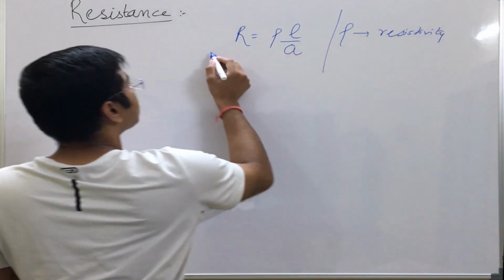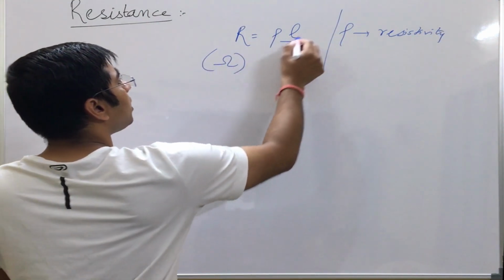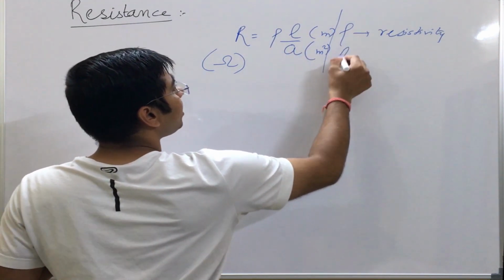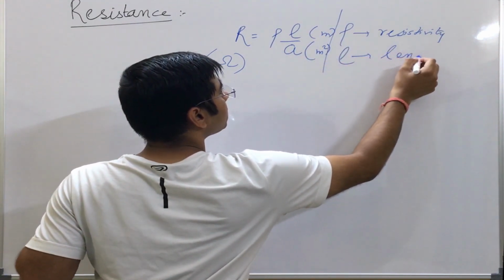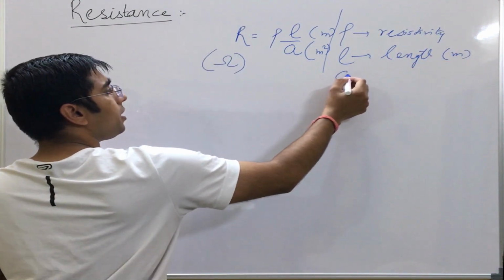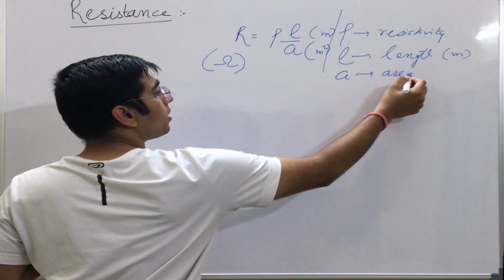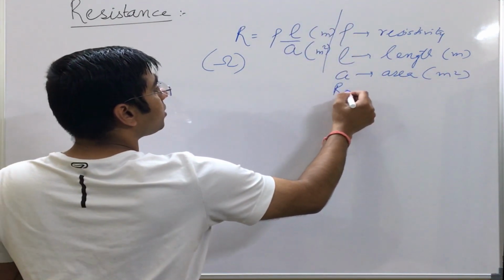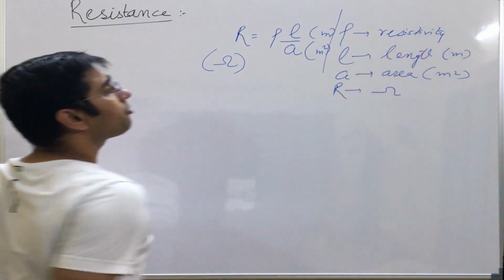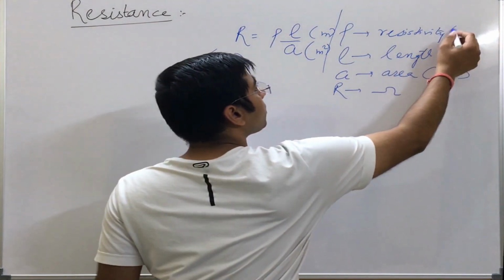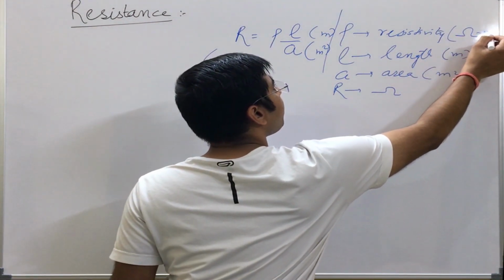Let us say R is in ohms, L is the length in meters, A is the area in meter square, and R is in ohms. What will be the unit of resistivity? Simply ohm meter.